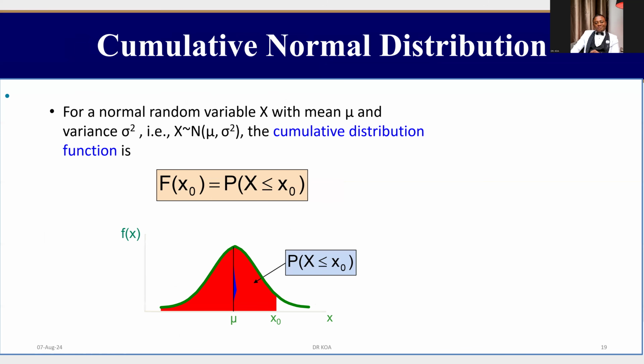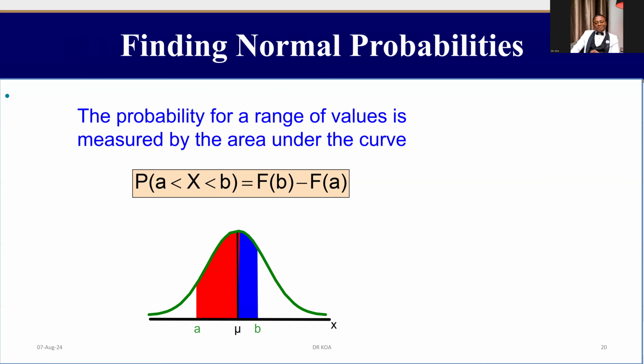Okay. Our goal is to find the area. Never forget it. Our goal is to find the area. So watch it. If you look at the area I've shaded blue here and red, the question to you is, how do you find the area? This is how you find the area.